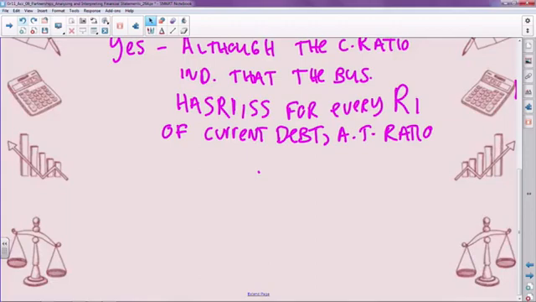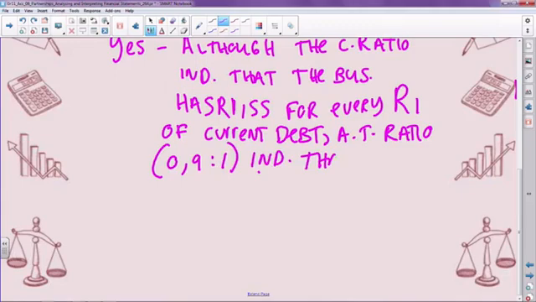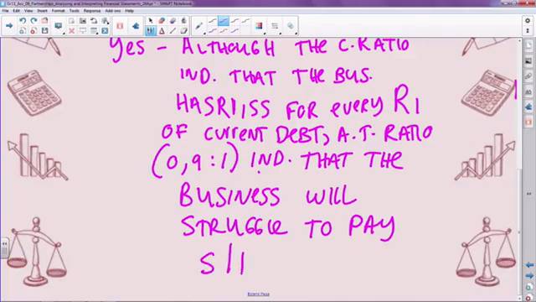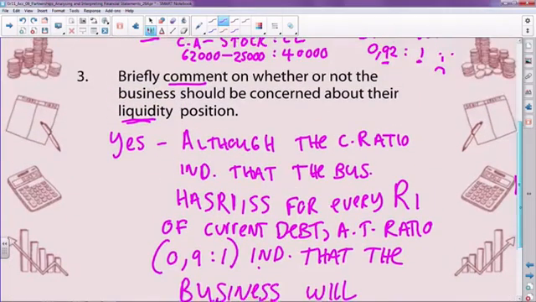Right, the asset test ratio, so in brackets, I'm just going to state the asset test ratio. Remember, it was 0,9:1, indicates that the business will struggle to pay short-term debt. Okay, right, that's what these ratios have indicated.